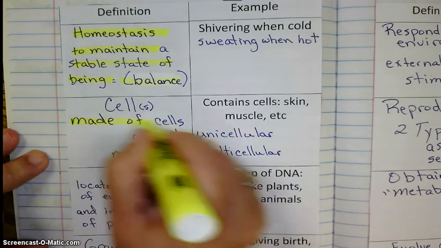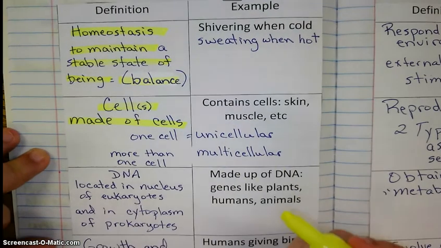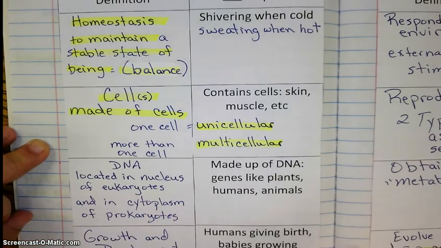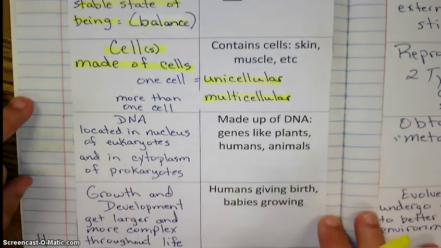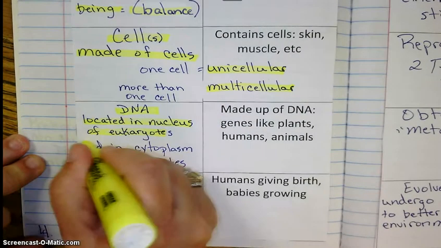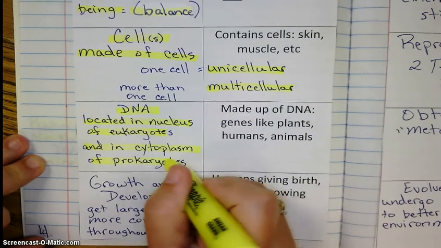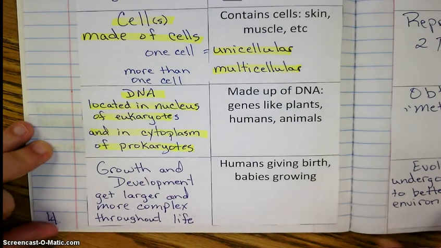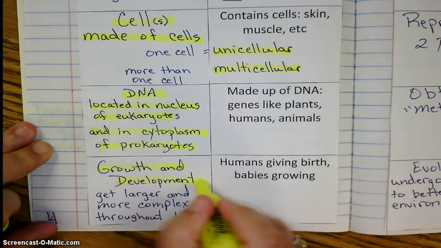All living things are made of cells, at least one cell. We say unicellular is one cell, multicellular is more than one cell. All living things have DNA. It's just where it's located that differs. In a eukaryote, it's in the nucleus. In a prokaryote, it's in the cytoplasm. All living things grow and develop.